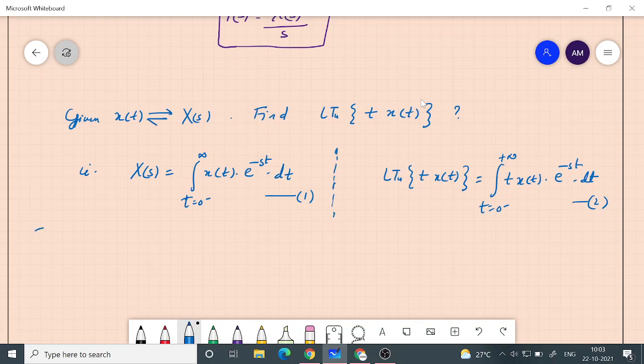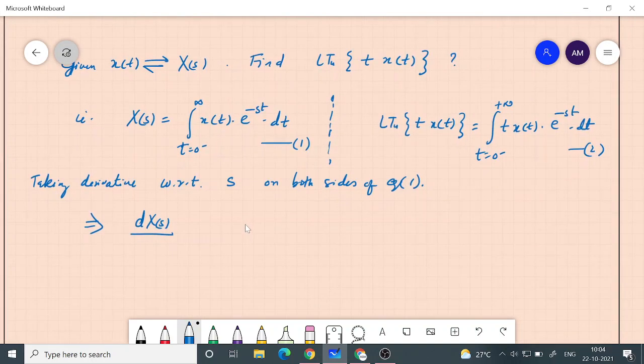So taking the derivative with respect to s on both sides of equation 1, what we get is dX(s) by ds, since this is a function of s.